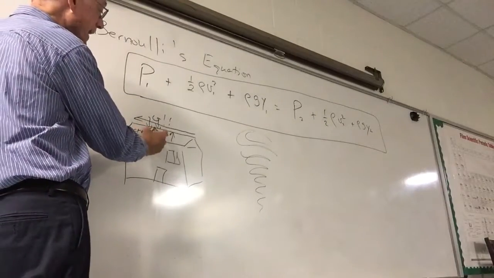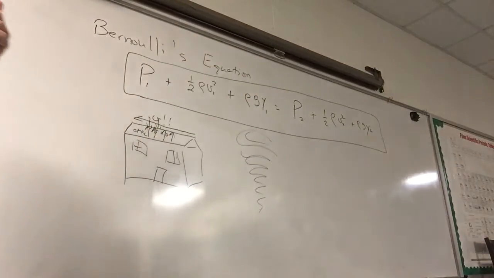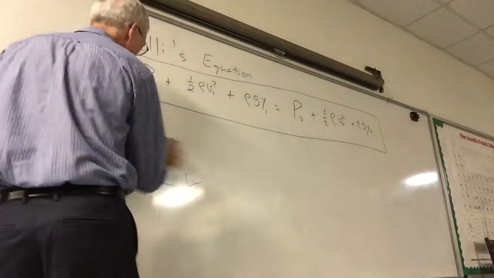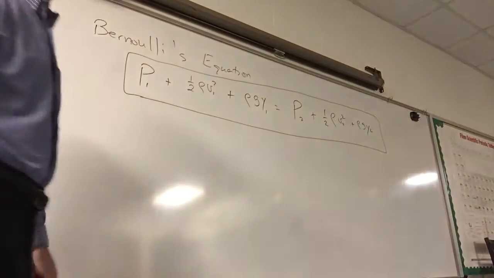The wind can do lots of damage and can blow the roof into the next county, but it's the pressure in the attic that actually pushes the roof off. Bernoulli's equation explains a lot of things.